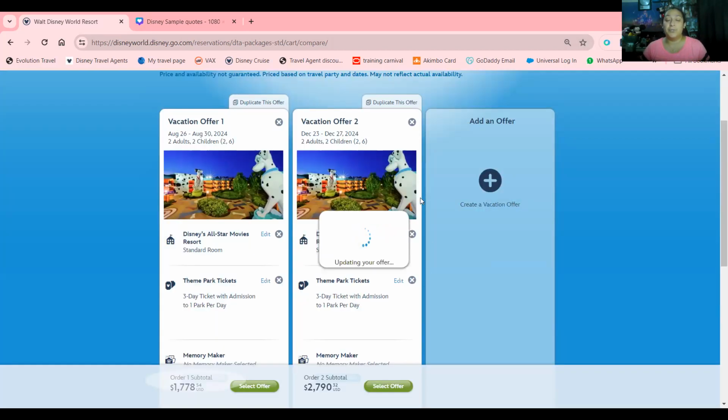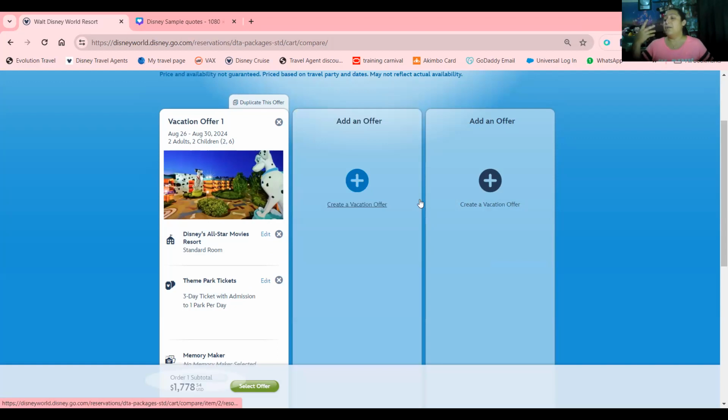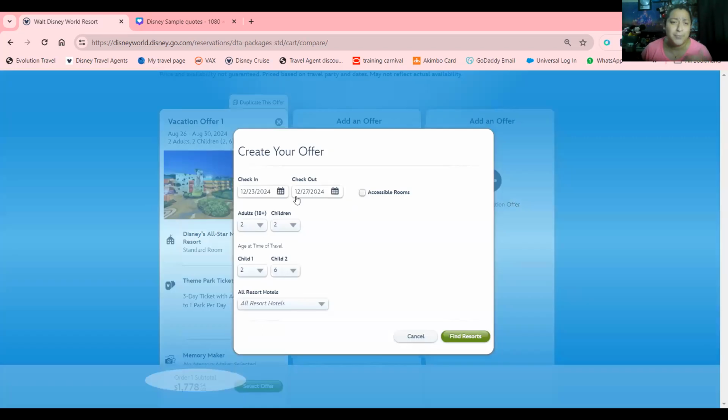Another way you guys are able to use this too is, let's just say that Miss Smith has their cousin that they want to go with. Instead of, again, logging off and logging back in, you can say, yes, I can look into that for you, Miss Smith. So your cousin wants to go with you. Okay, cool. So we know that they're going August 26th.